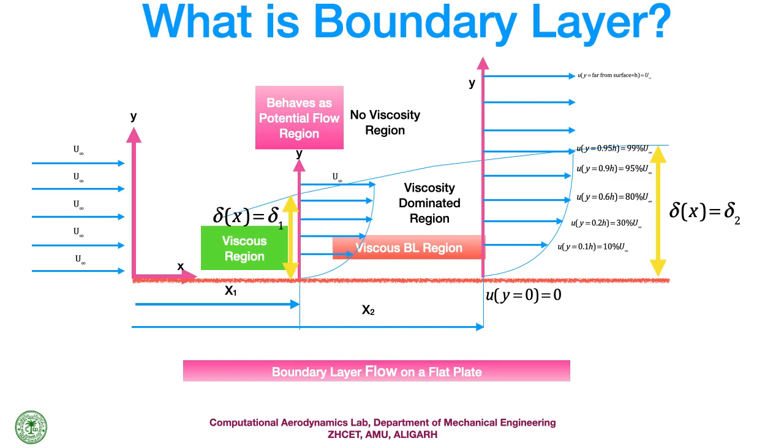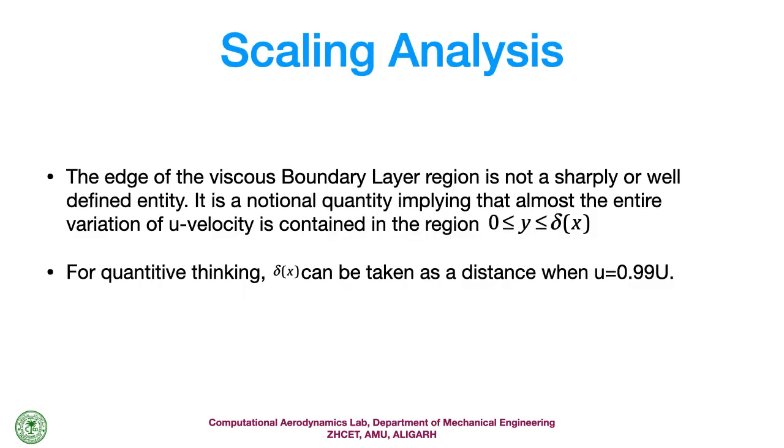So the boundary layer region starts from 0 in the y direction to less than delta x. For quantitative thickness, this delta x can be taken as 0.99, or 99%, of u infinity.